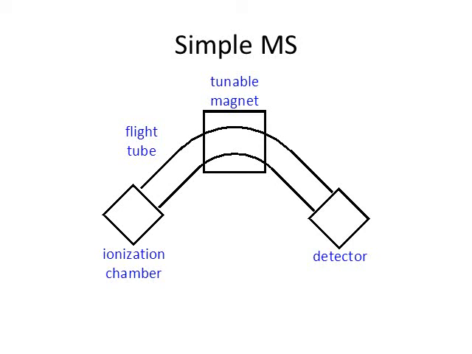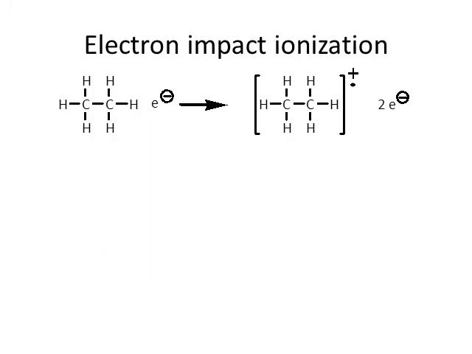All types of mass spec start out with some molecule over here in the ionization chamber that's turned into an ion. There are different techniques, but we're going to focus on something called electron impact ionization. In other settings, you might hear about fast atom bombardment or other ways of turning molecules into ions.